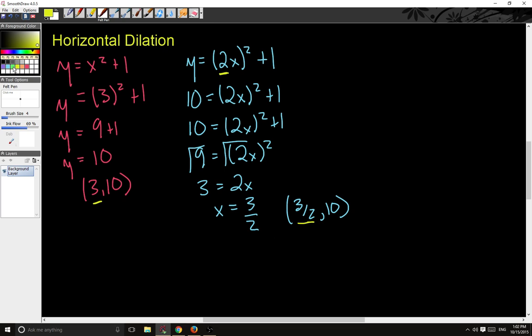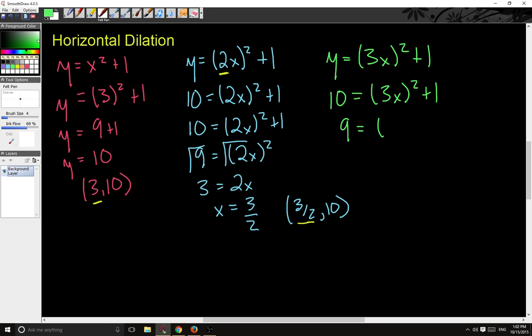And we can see that this works for basically any number greater than 1. So even if we did 3, and we still want it to equal 10, as you can see, our 1 is 1/3 the size of our original value, our 3.